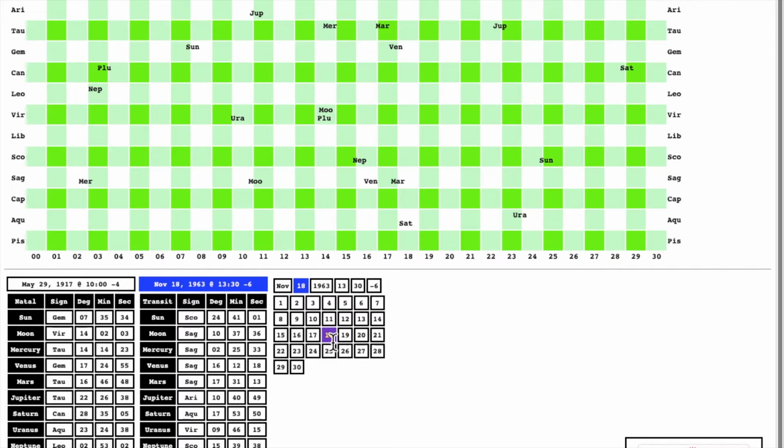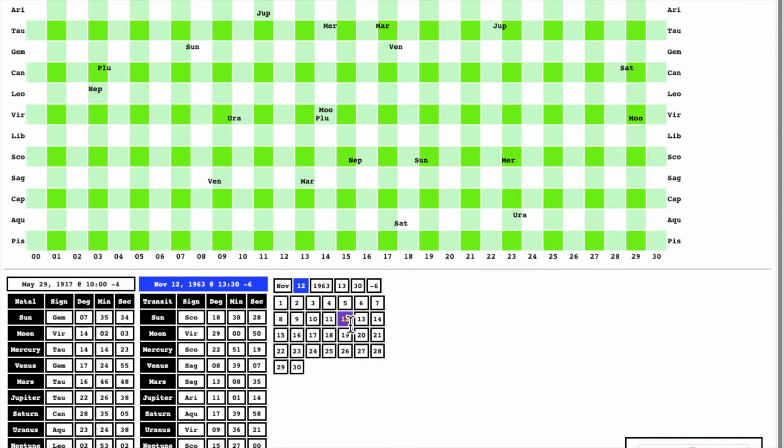That was what? Transiting Moon making a square with the same thing, and an opposition with the natal Sun. So it's 18, 17, 16, 15, the 14th.